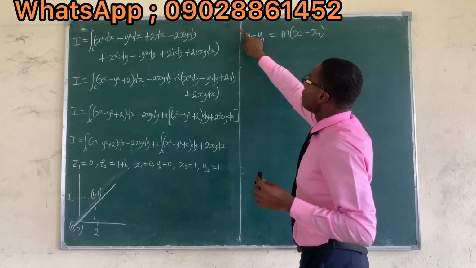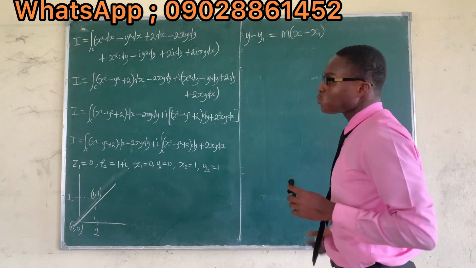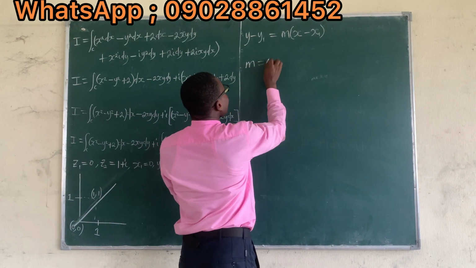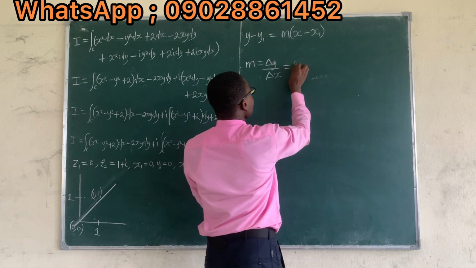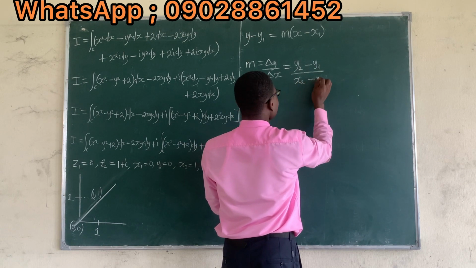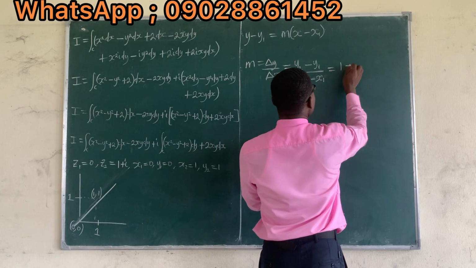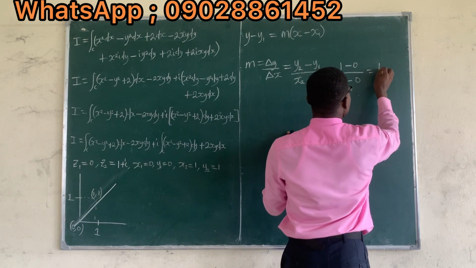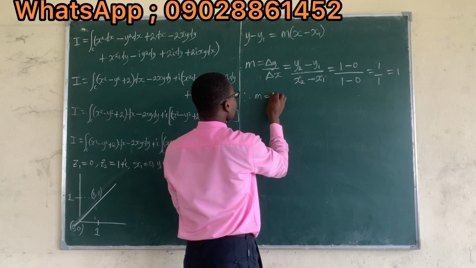So we are going to use the equation y minus y1 equal to m into x minus x1, where m is the slope. And don't forget, slope is given by change in y over change in x, which is y2 minus y1 over x2 minus x1. This will give us 1 minus 0 over 1 minus 0, which is 1 over 1, which is 1. So this implies that m is equal to 1.